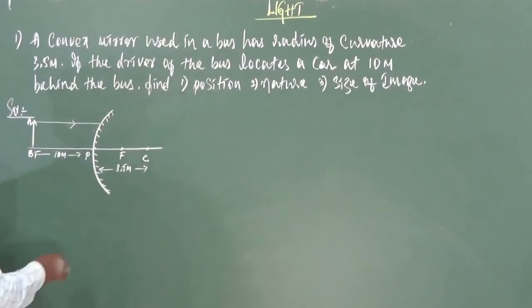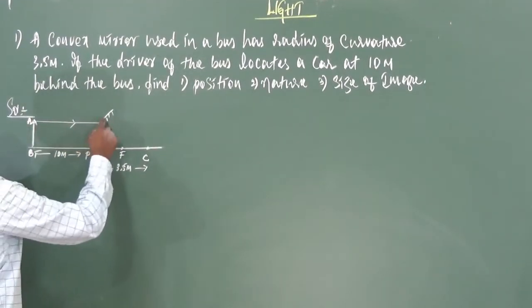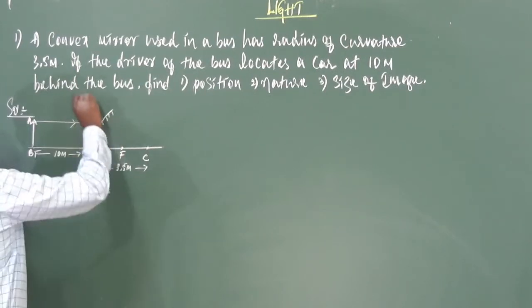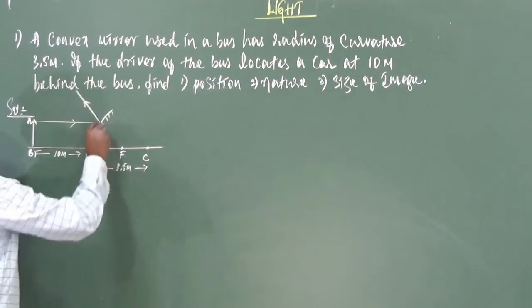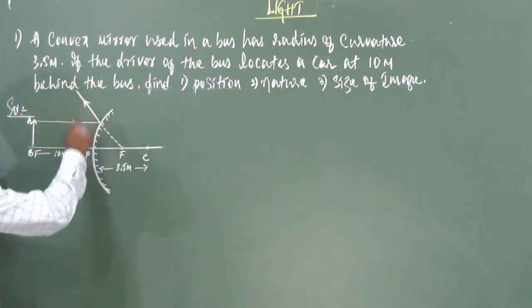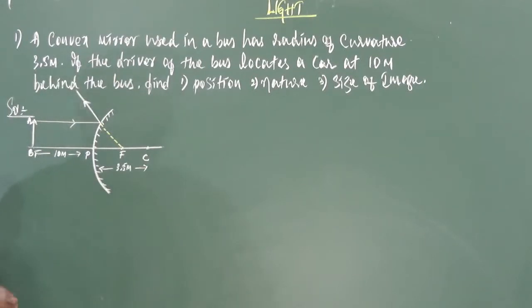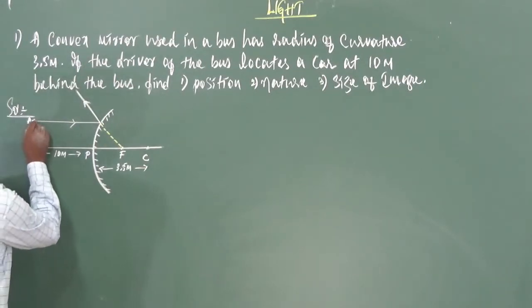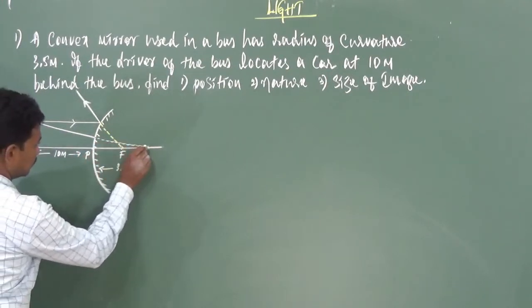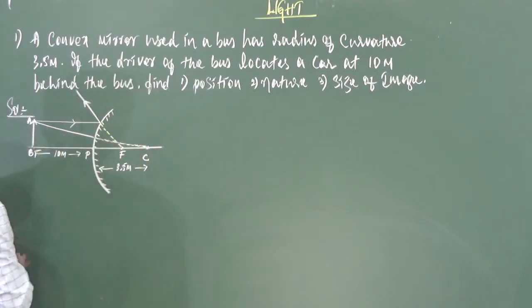The light ray which comes and falls on the mirror gets reflected at this point, but we feel that the particular ray is starting from the focus of the mirror. Another light ray we direct towards the center of curvature.